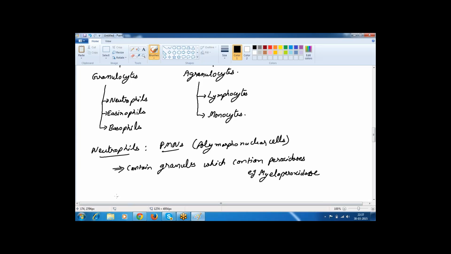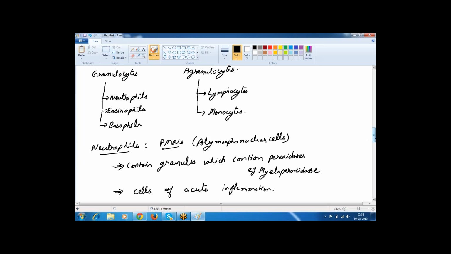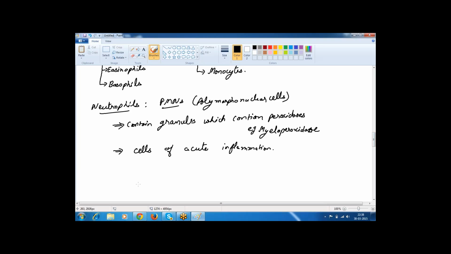These are the first cells to reach the site of inflammation, so they are cells of acute inflammation. They kill the microbe with the help of this enzyme, and then they do phagocytosis.